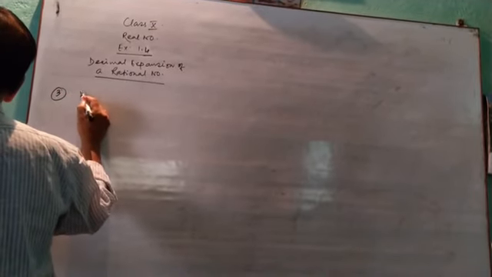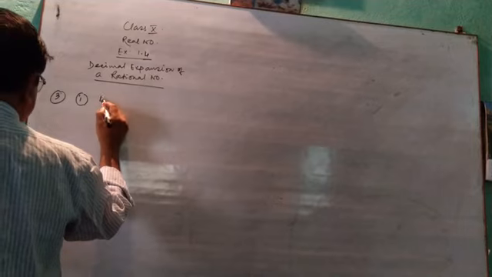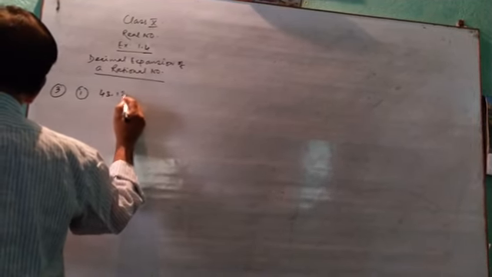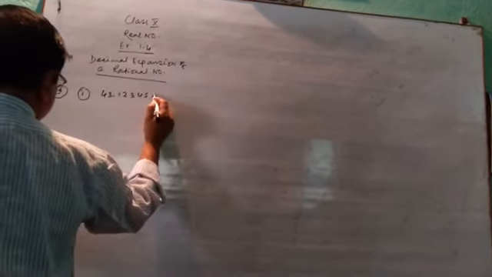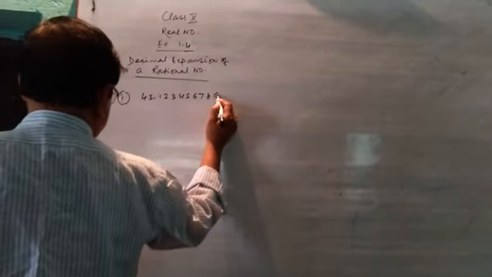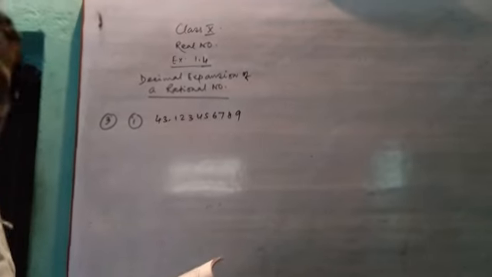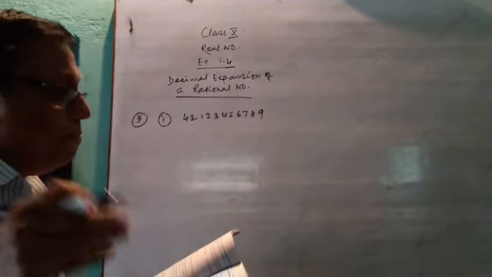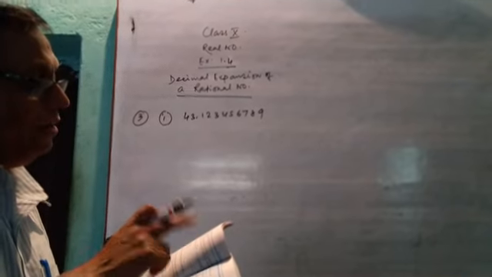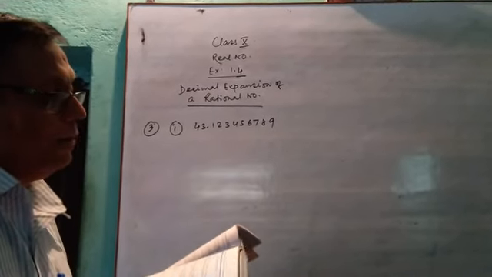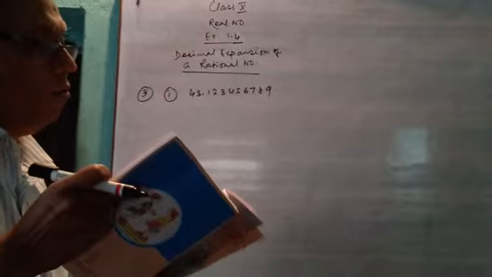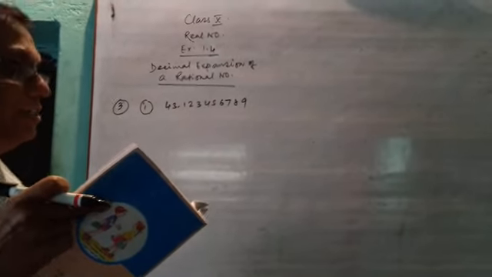Our first number is 43.123456789. Such a big number, so many digits are there. Now you have to comment. The following real numbers have decimal expansions as given below. In each case, decide whether they are rational or not.